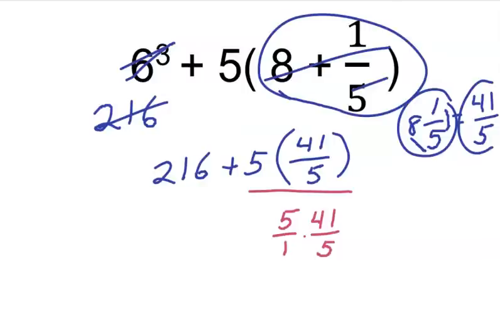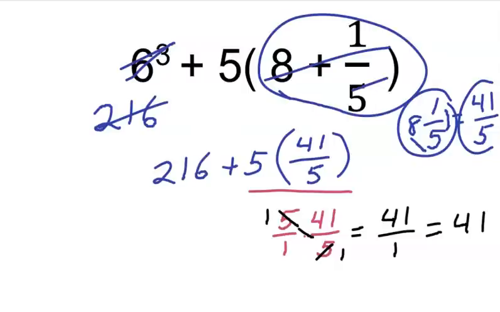There's nothing we could do with the 1 and 41, but we can do something with the 5s. 5 goes into 5 once. So 1 times 41 is 41, and 1 times 1 is 1. So basically all of this ends up just being the number 41.